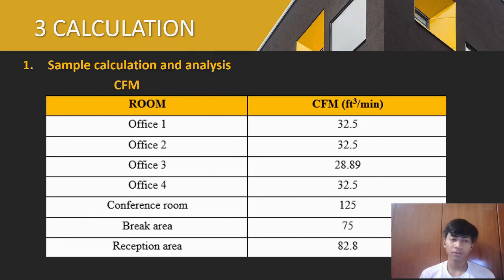For example, office 1 has a CFM value of 32.5. Same also for office 2 and office 4, because they have the same dimensions. This is for the conference room, the break area, and the reception area.